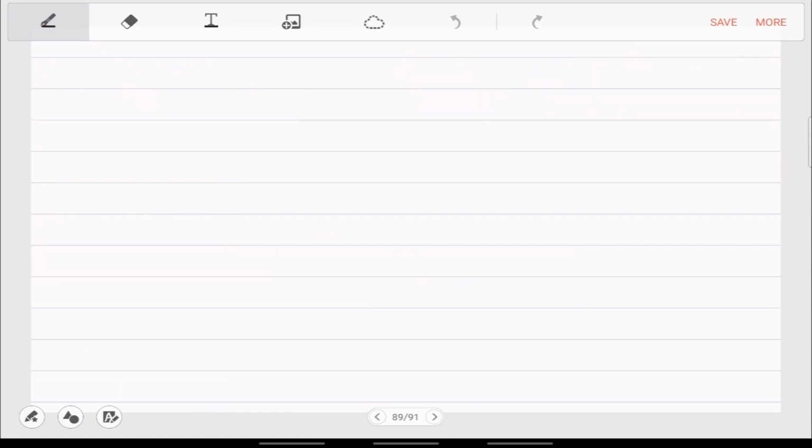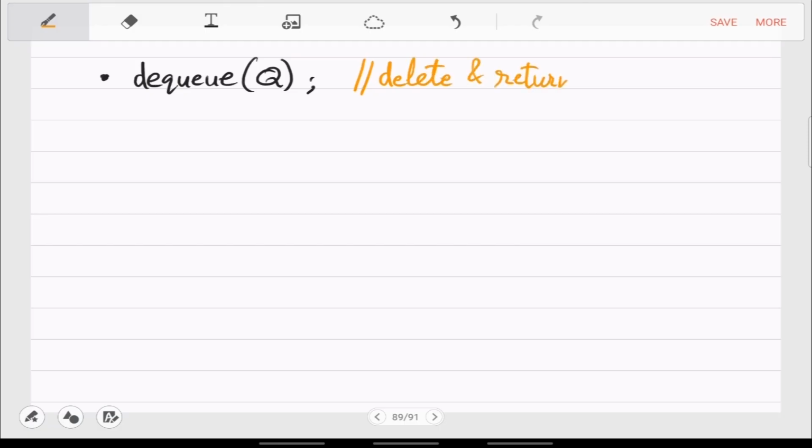And the deletion analog here is dequeue. So what will dequeue do? What have you learned till now about queue? When you delete, the only thing you have access to is the front. So you will get that value and it will be deleted. So delete and return the front.